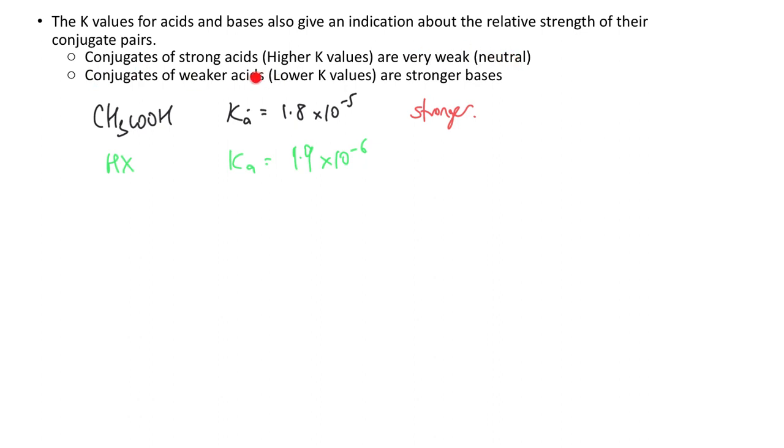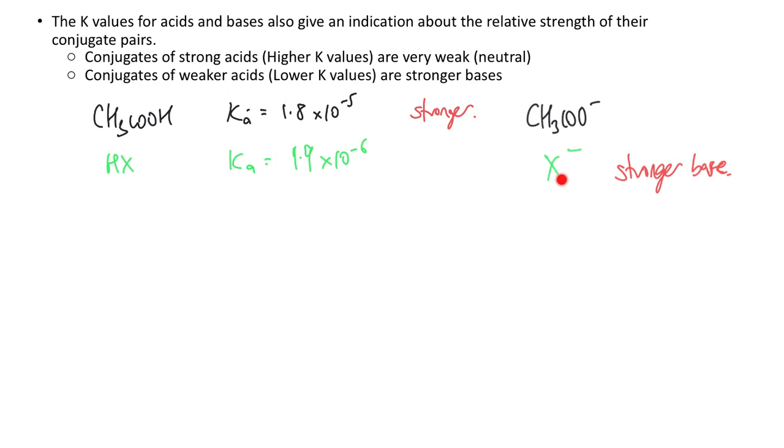And conjugates of weaker acids are stronger bases. If we look at the conjugate base of ethanoic acid, which is CH3COO-, and the conjugate base of this HX, this theoretical acid, X- would be the stronger base, because HX is the weaker acid.